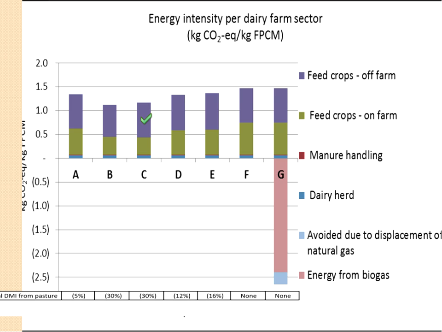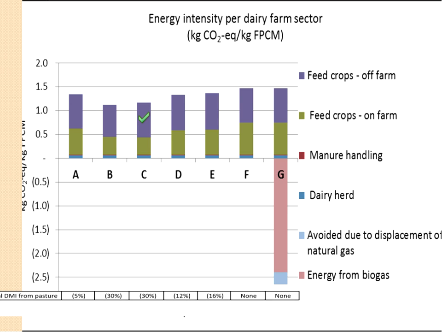So basically nitrogen fertilizer and all that. If we compare our ultra-pasture system to a confinement system, there's a reduction in feed production on the farm, which is mainly diesel fuel. There's some reduction as well in the off-farm feed inputs, which is mainly nitrogen fertilizer.